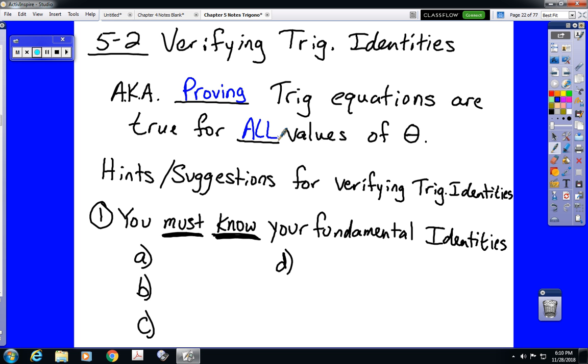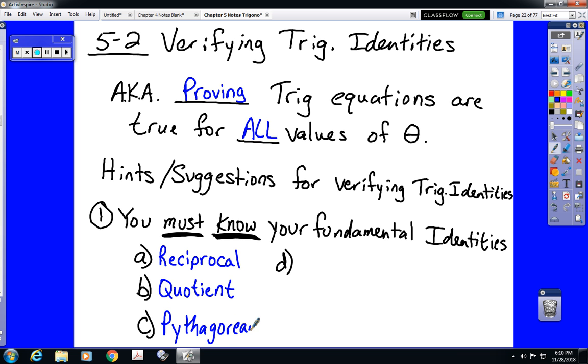Now the first thing you absolutely have to know is your fundamental identities. Now we've had several sets of those, but the big three are your reciprocal identities, your quotient identities, and your Pythagorean identities.